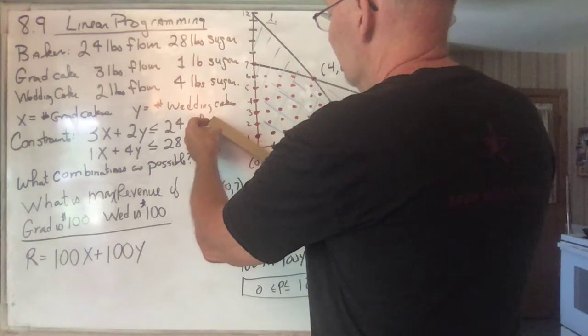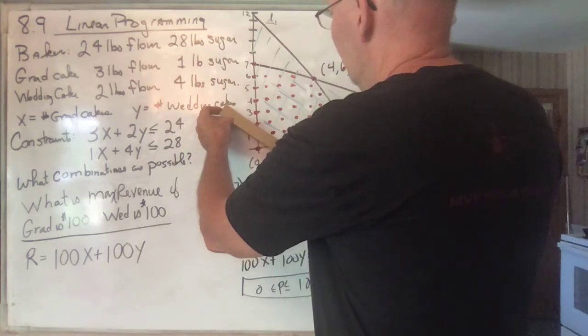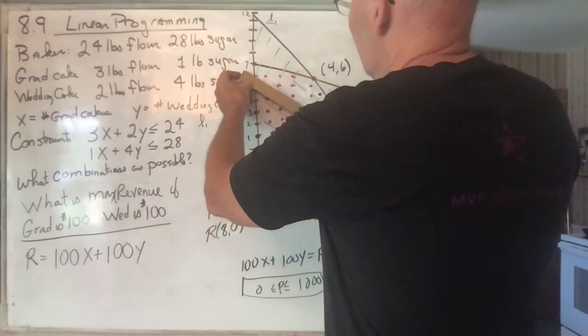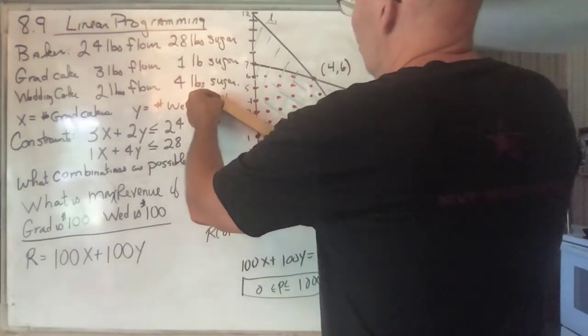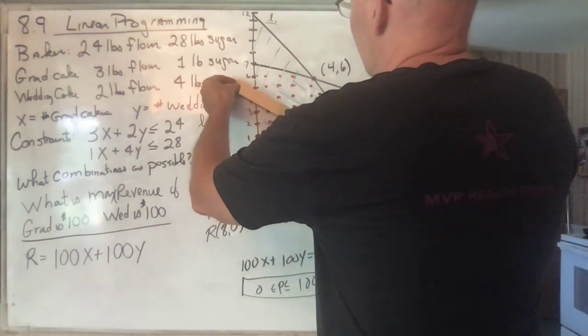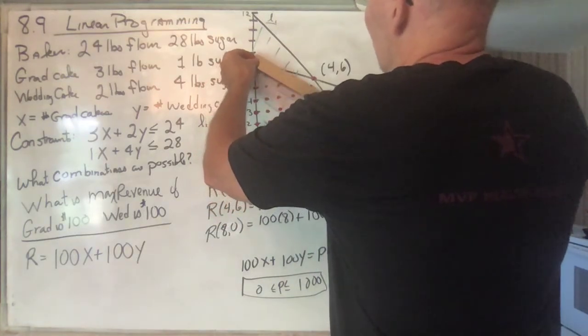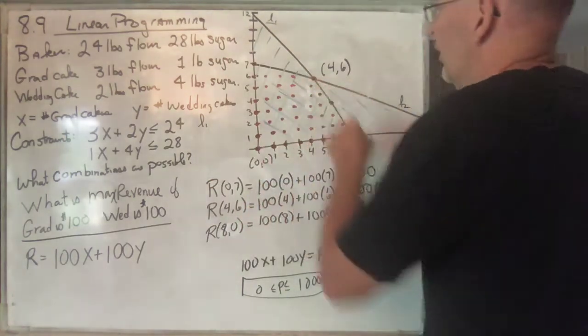If R is equal to 10 or 100 or something like that, it moves up, and it's going to keep moving up, and you want this to be as large of a number as possible. So you want to keep moving this thing up as long as you stay within this feasible region. And so notice I have only one point left in that feasible region, and that's the point 4, 6.